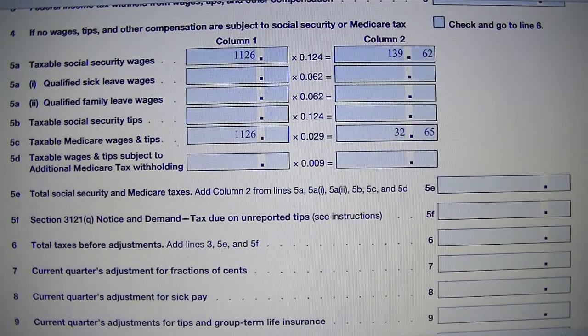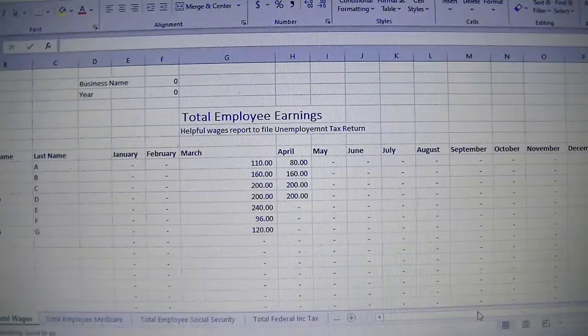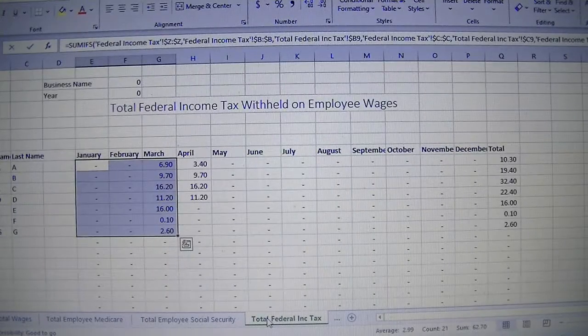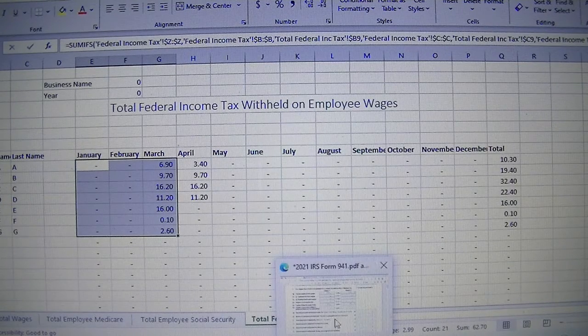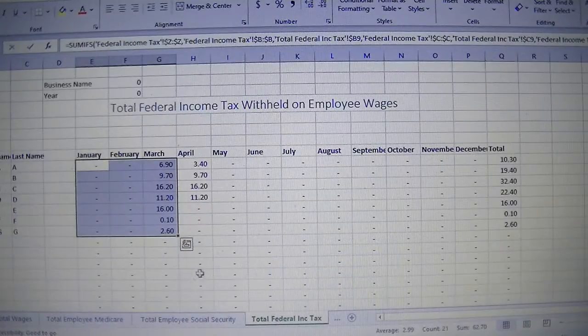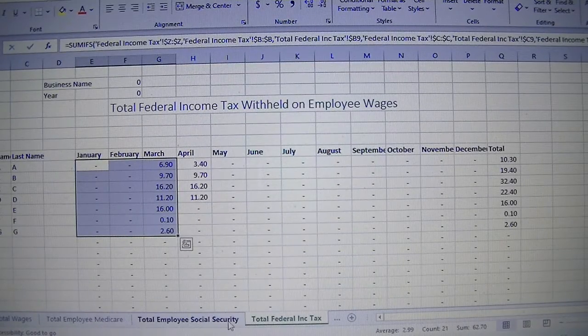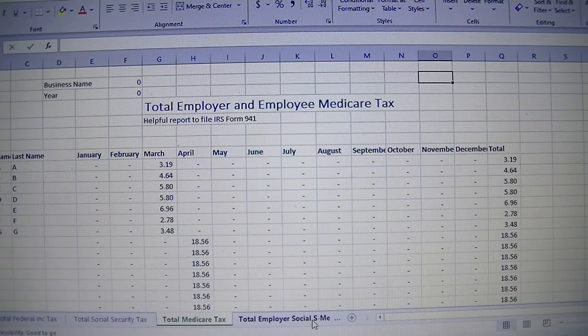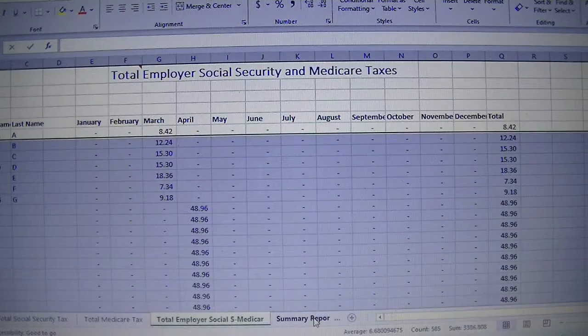And so let's check if our spreadsheet has a figure out for us. So we do have, so we are looking for total of, let's go check again, total of Social Security and Medicare tax. So we do have a summary. We do have the total Medicare, okay, total employer Social Security and Medicare tax.